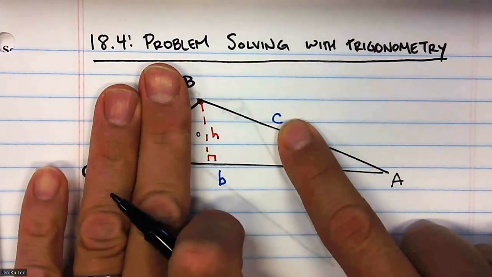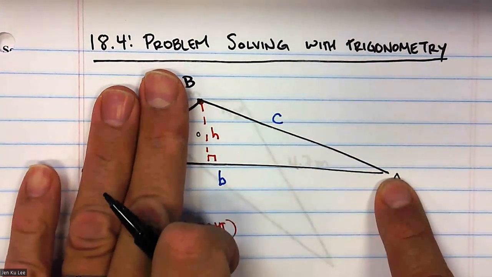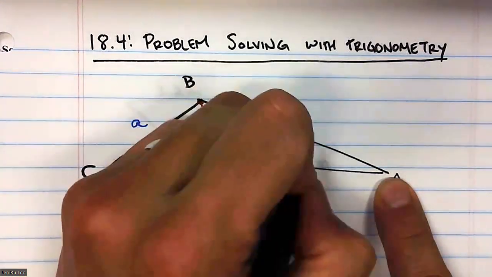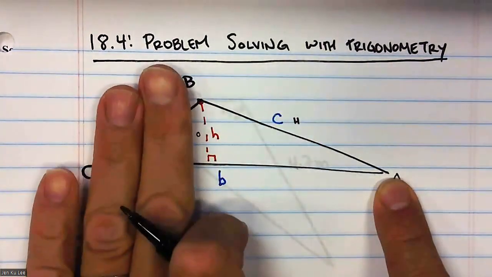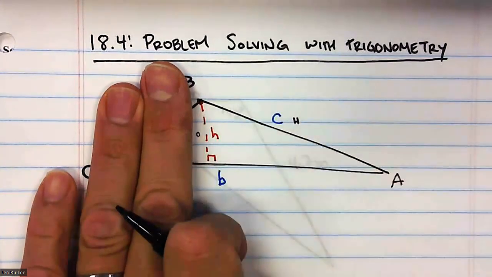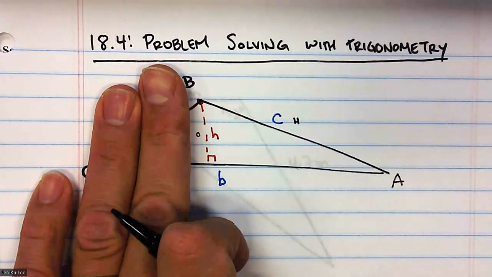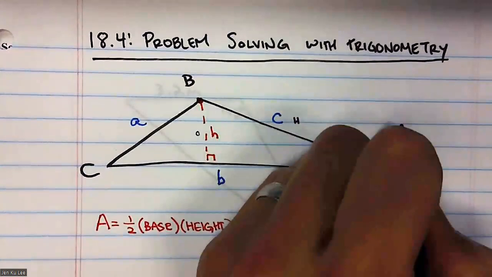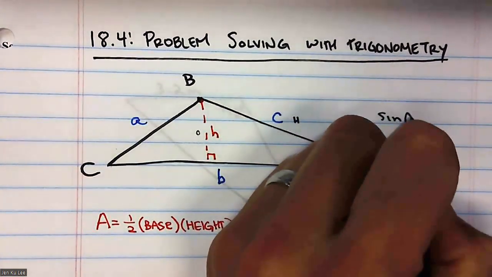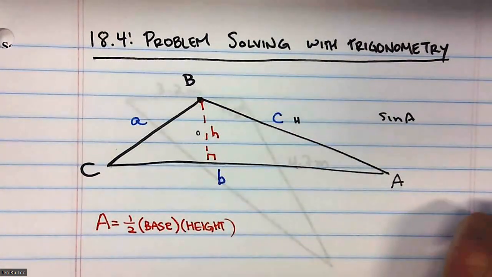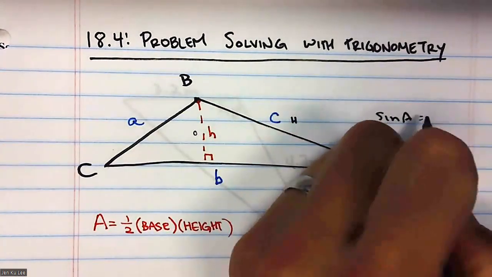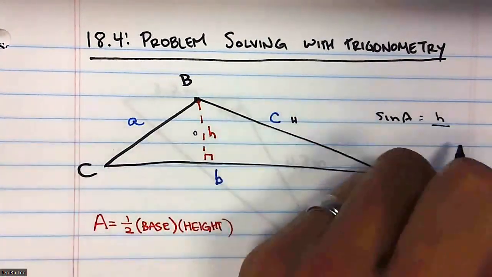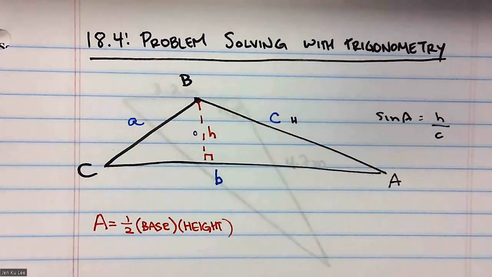What is c in terms of angle A? Your hypotenuse. What trig function deals with O and H? Sine. So I can say, hey, look, sine of A degrees, whatever A degrees is, equals h over c, correct? Everybody with me? You guys got to stay with me, okay?